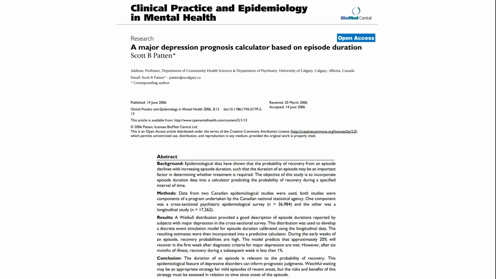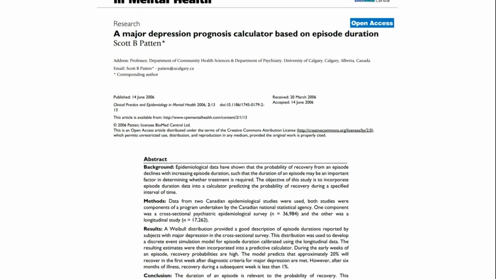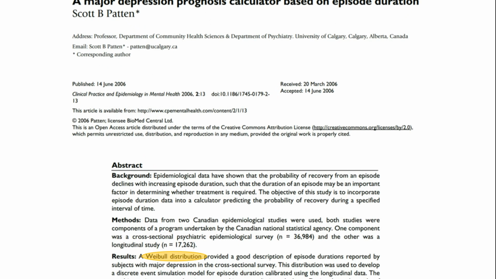So in fact, here's an article I found, a prognosis calculator for major depressive episodes using episode duration to predict how long it's going to last. And lo and behold, these people found that a Weibull distribution is the best fit to the data.